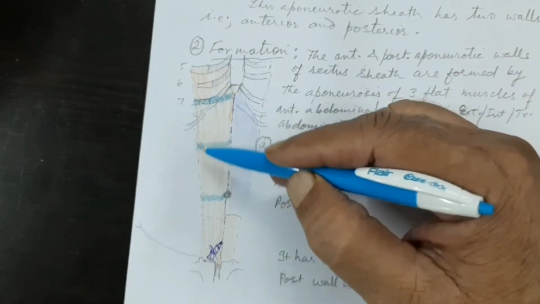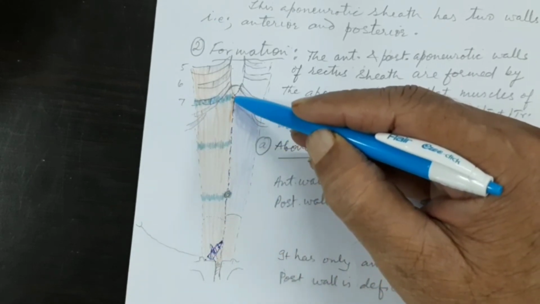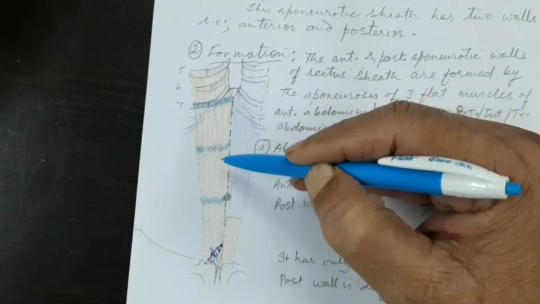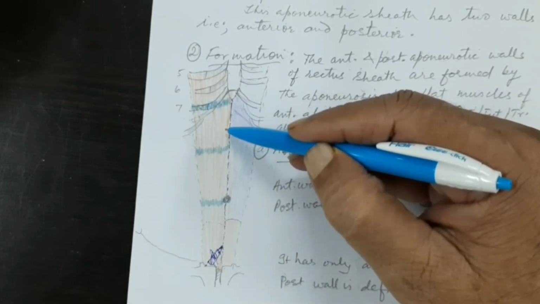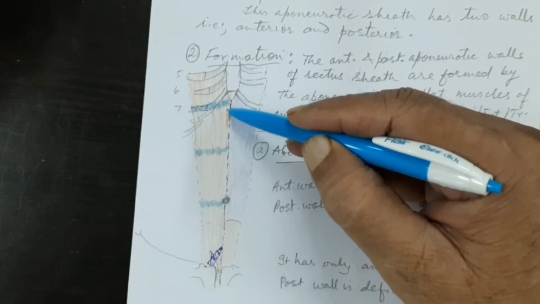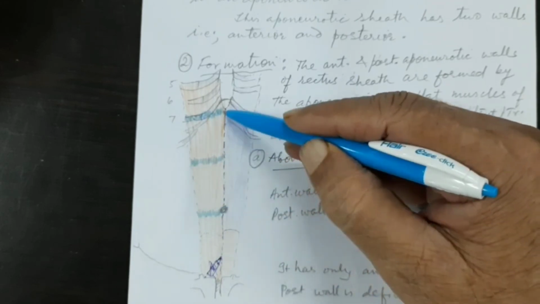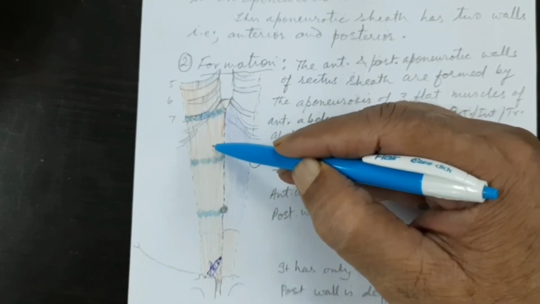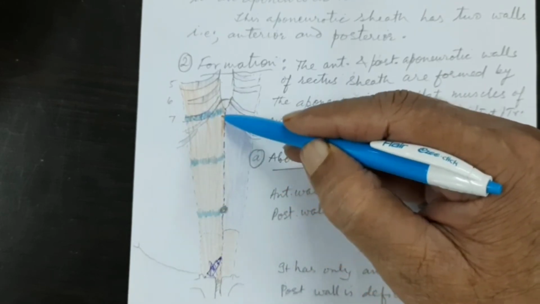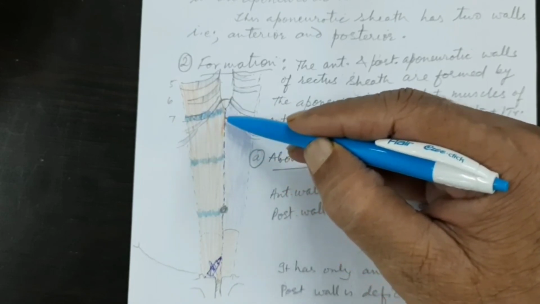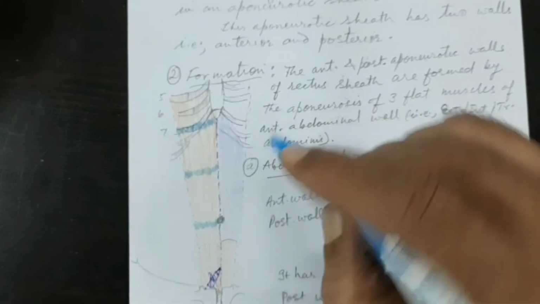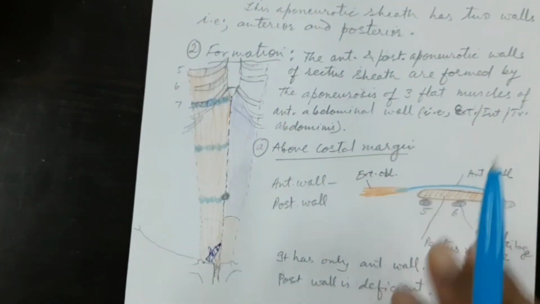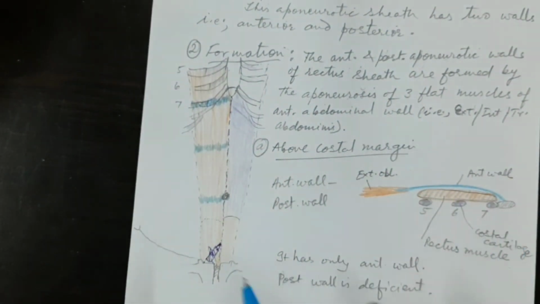If they want to open the abdominal cavity, they give a paramedian incision on one side of the median plane, push the rectus abdominis muscle laterally, and then cut the anterior and posterior walls of the rectus sheath to go inside the peritoneal cavity.